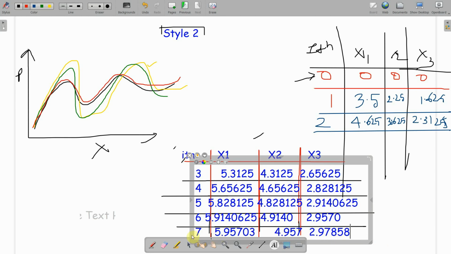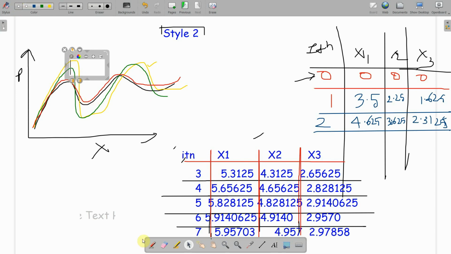Again you can do the iteration. Initially you have this much of deviation, the difference between the true data and the model data.